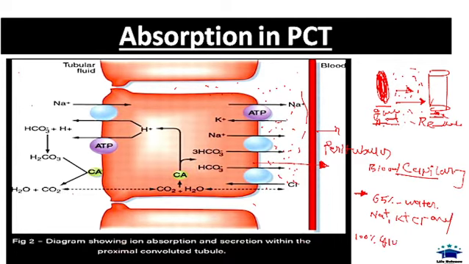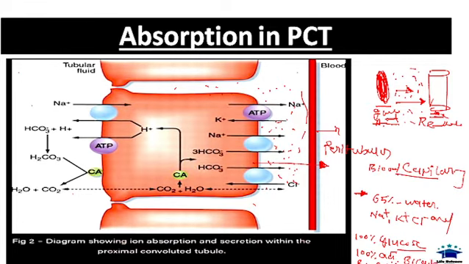Remember, 100% of glucose is reabsorbed in the PCT only, and 100% of amino acids too, and 85 to 90% of bicarbonate.